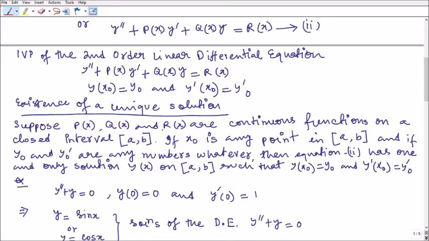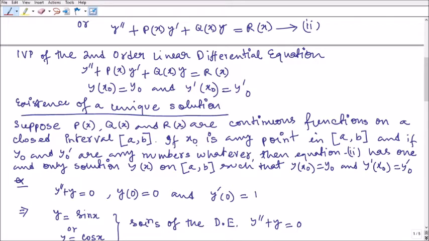If these three functions are continuous on a closed interval [a, b], the closed interval means that these three functions are continuous for all values of x between a and b, including the end points a and b. That is why it is called a closed interval.